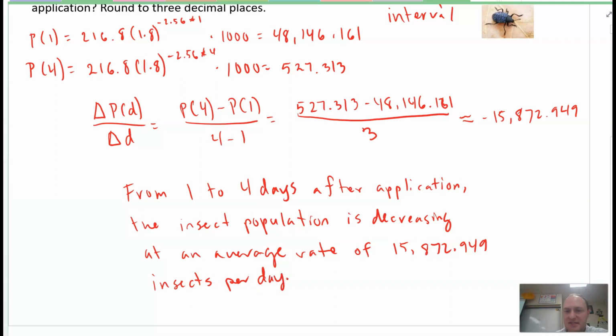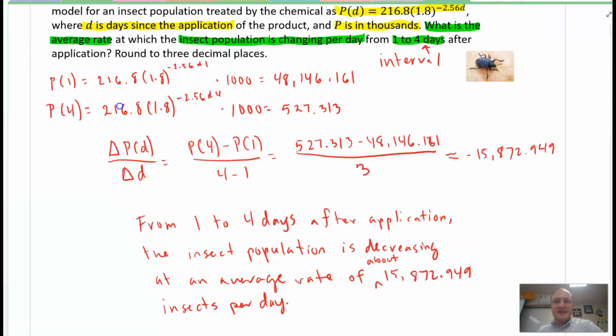All right, and this is approximate, so I want to use the word about: is decreasing at an average rate of about. Okay, roughly. All right. Okay, so there is the example.